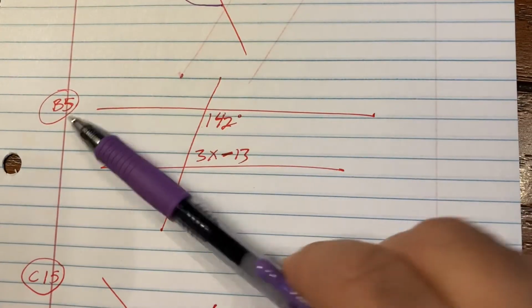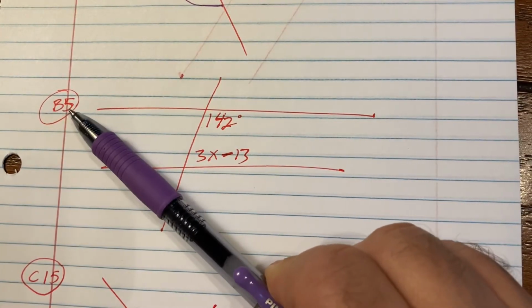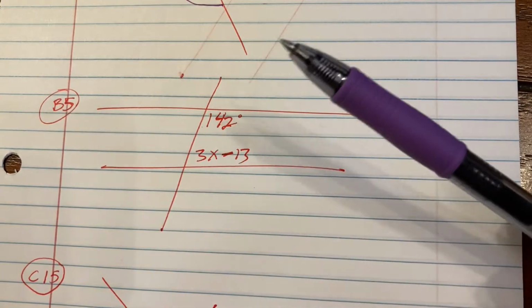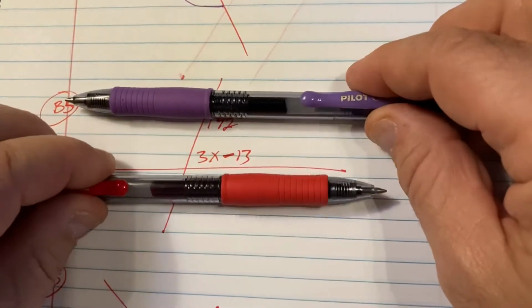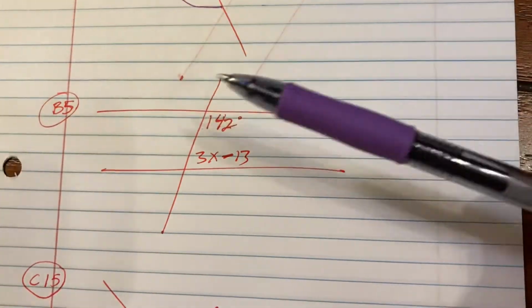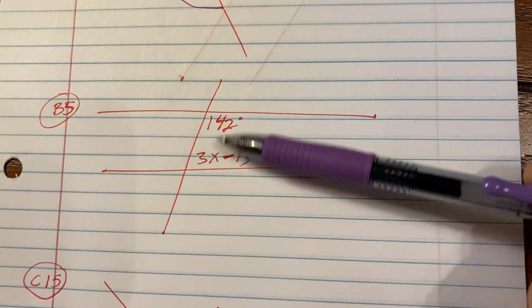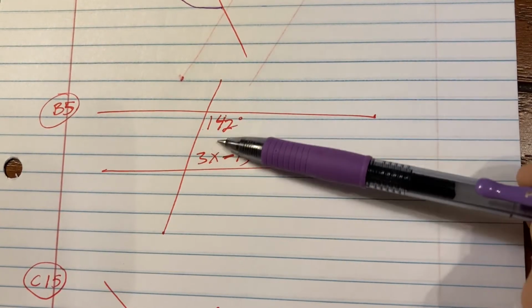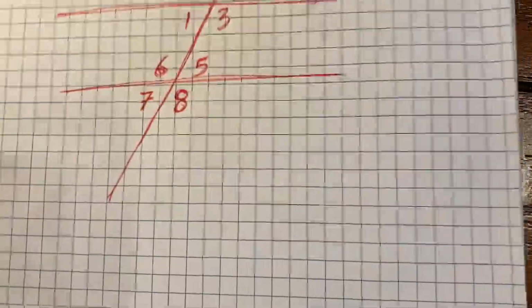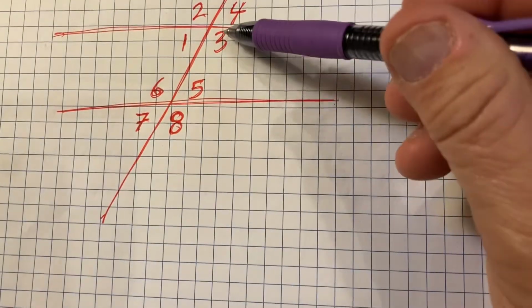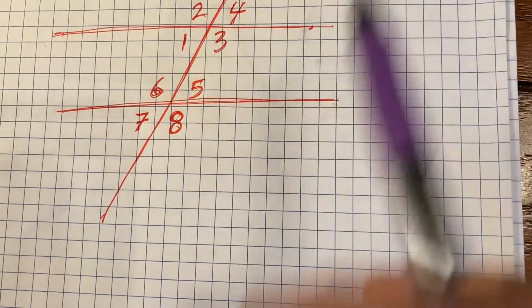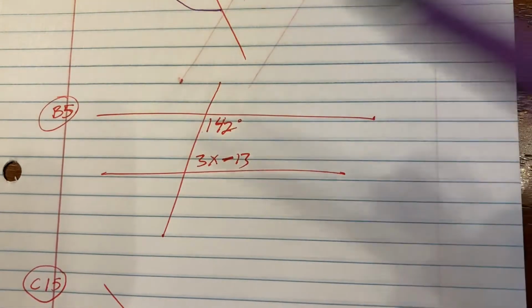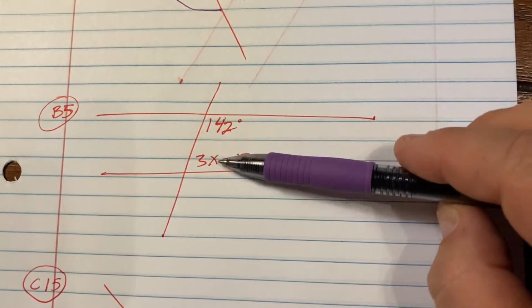Okay. Let's do this one. This one is going to be similar. This is B5. This is similar to question number 5. What would you have to do to show that these lines are parallel? Well, we look at these two angles and these two angles. Angle 3 and angle 5 are consecutive interior angles.